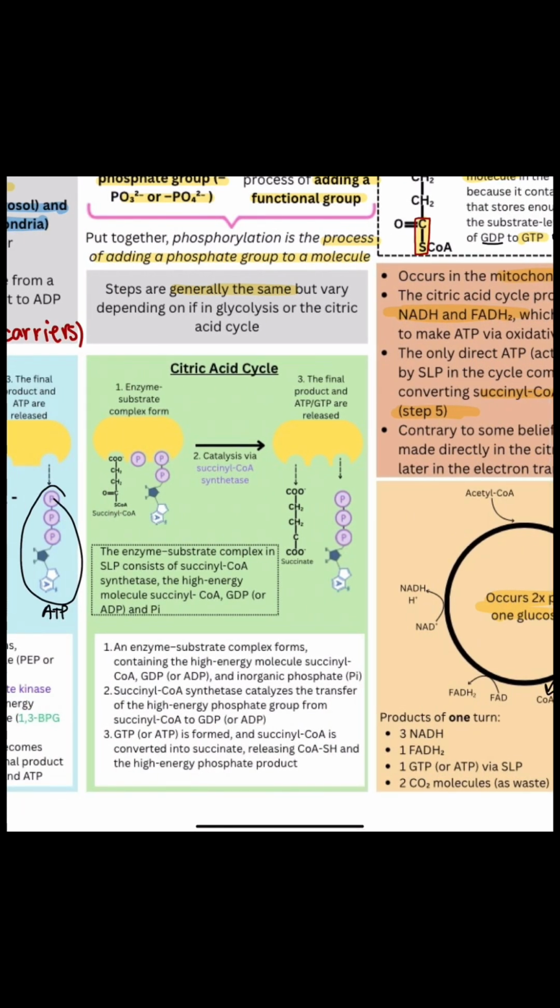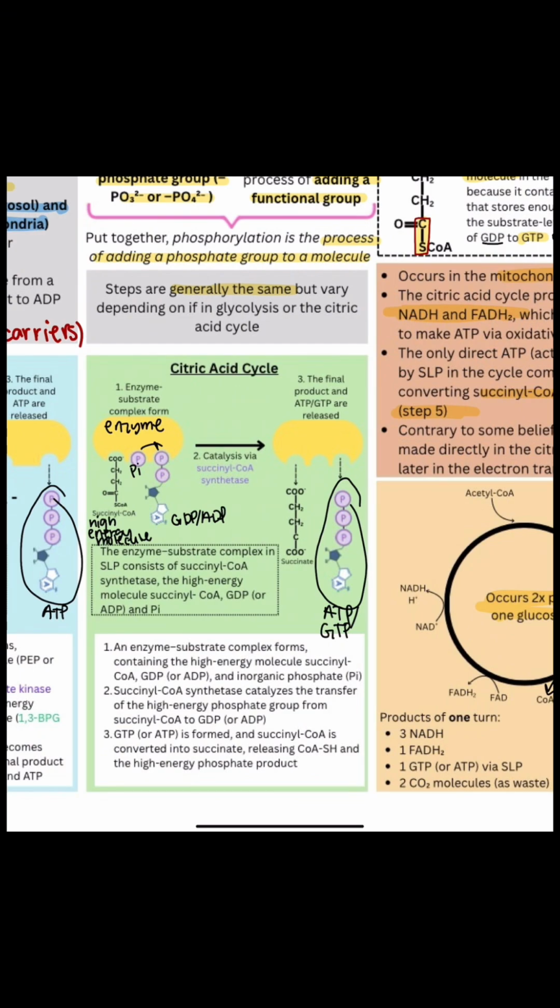In substrate-level phosphorylation in the citric acid cycle, this enzyme substrate complex is going to include succinyl-CoA synthetase, our enzyme, succinyl-CoA, our high energy molecule, GDP or ADP, and then an inorganic phosphate. That thioester bond in succinyl-CoA provides all of the energy that we need in order to attach the phosphate group to GDP or ADP and produce GTP or ATP.